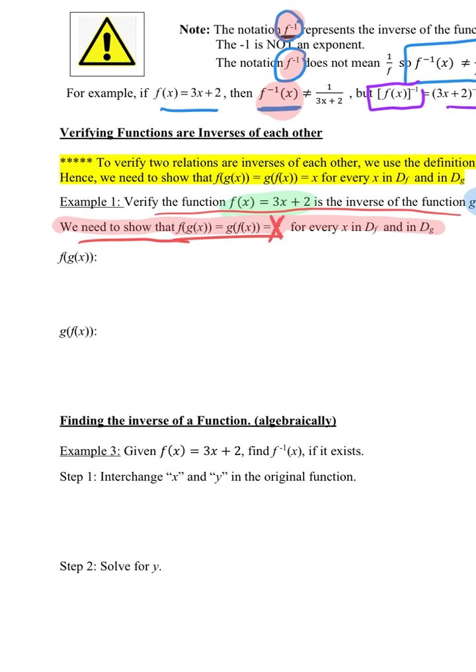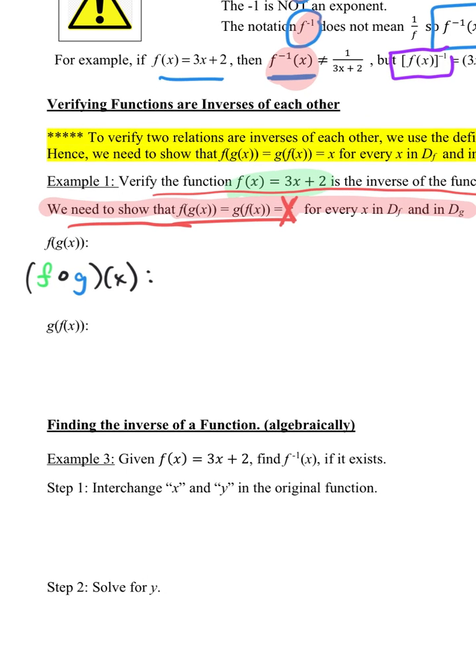So here we go. Let's see if we remember how to do this. I'm looking at f composed with g, where the input is x. I can write it like that. How do I find the composition? You substitute x in f of x for x minus 2 over 3.